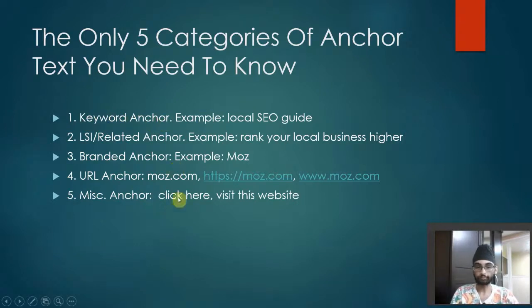For example, click here, visit this website, or learn more, and then you link to your content. So this is the miscellaneous anchor text. These two, URL and miscellaneous, are the two most common types. So I hope you're getting the idea here.